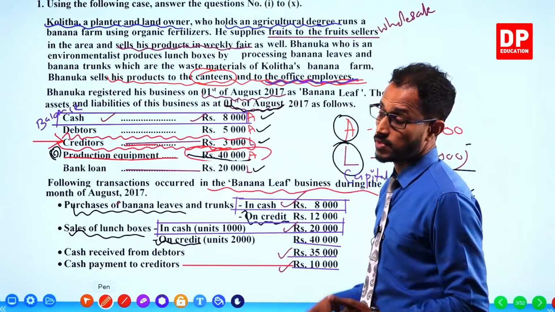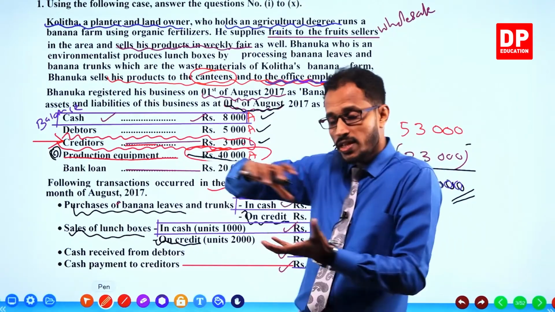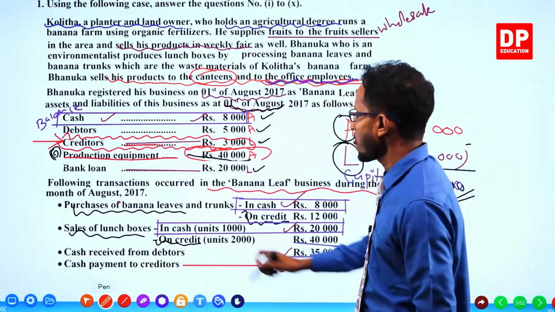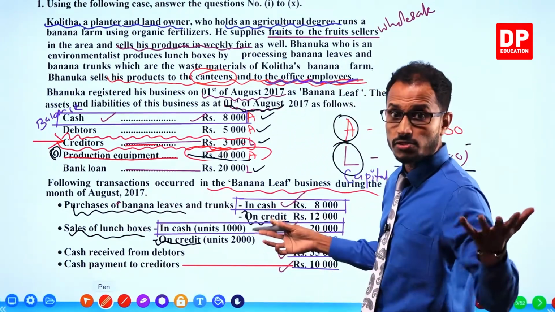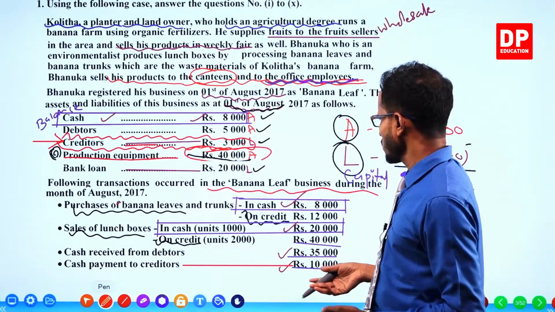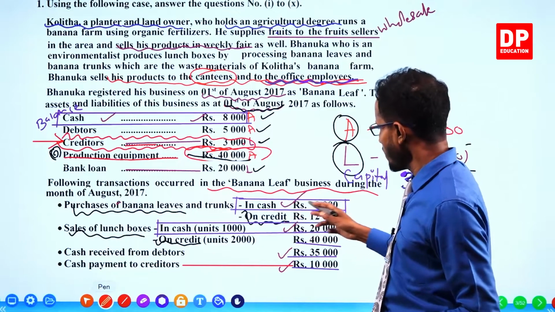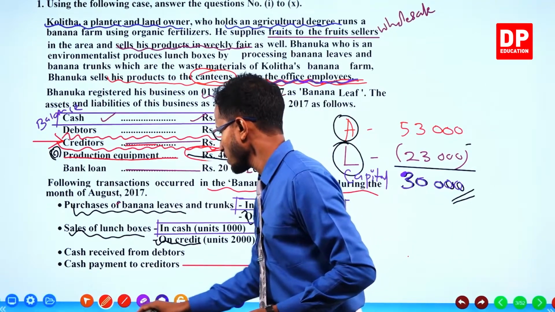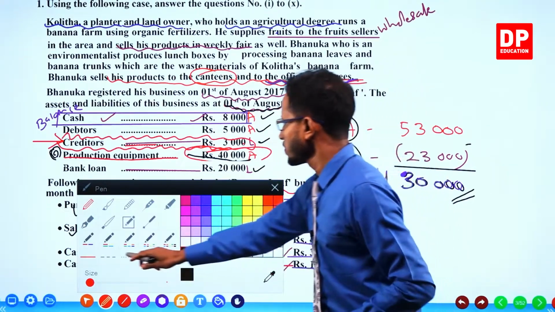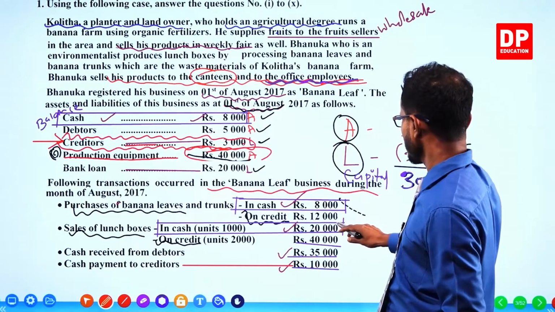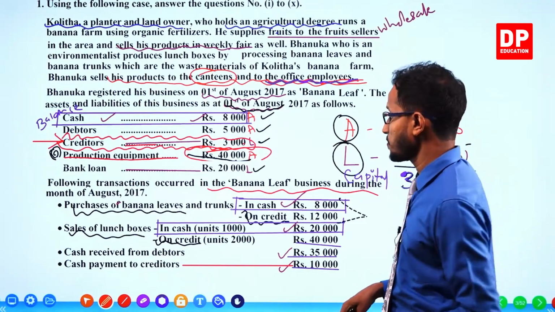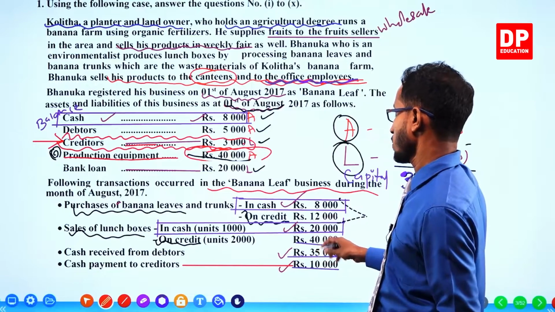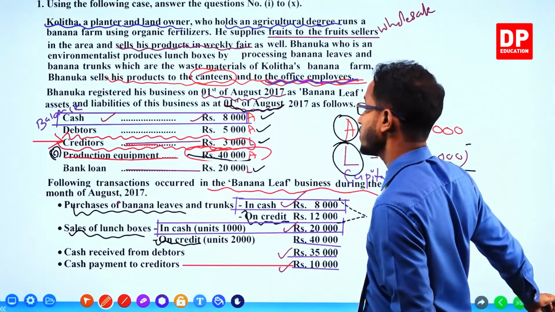Direct materials, because lunch boxes are produced with banana leaves and trunks, not plastic. Cash 8,000, on credit 12,000. Total is 20,000. Direct materials 20,000.